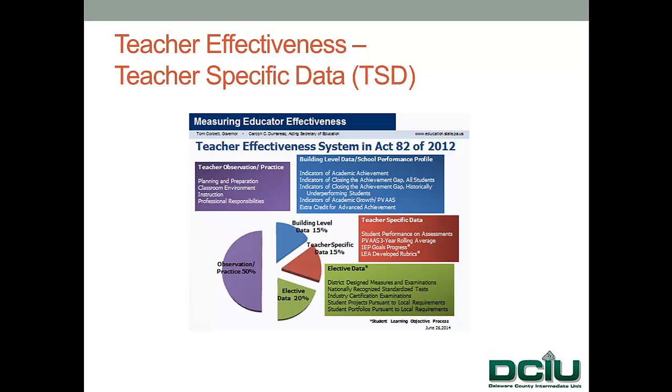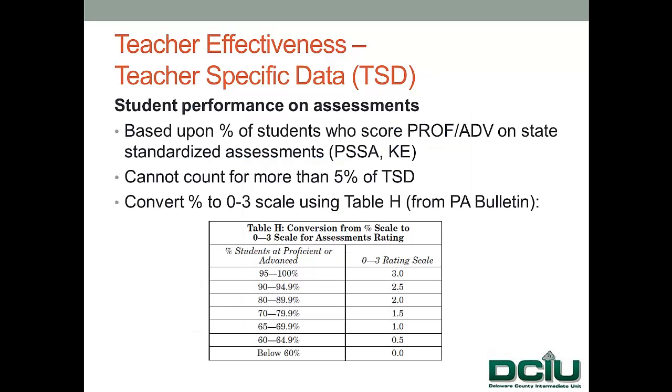What I will do now is look at each of those teacher-specific data elements individually. First, student performance on assessments. This particular element is based on the percentage of students in a teacher's area of instructional responsibility who score proficient or advanced on state standardized assessments, so meaning PSSAs or Keystone exams.